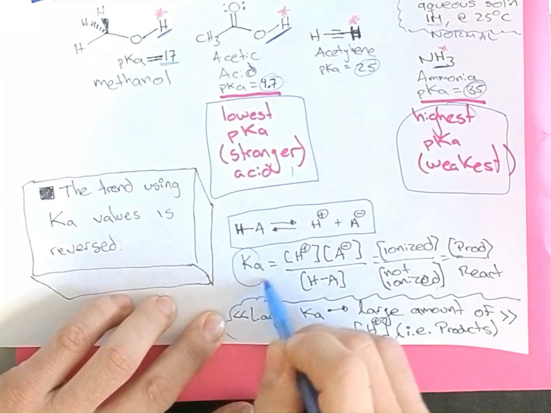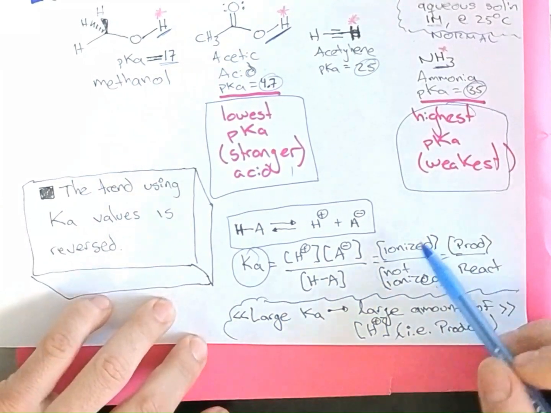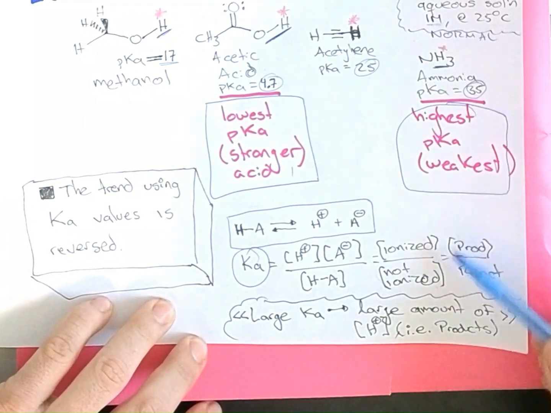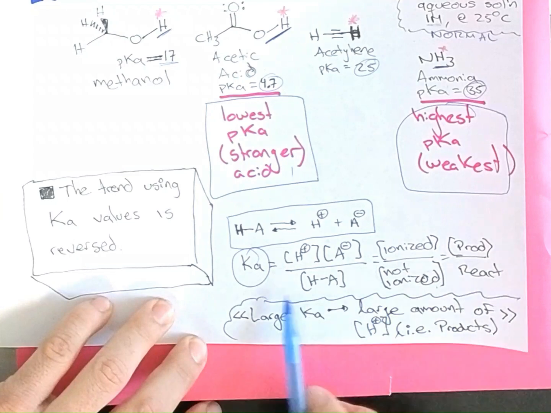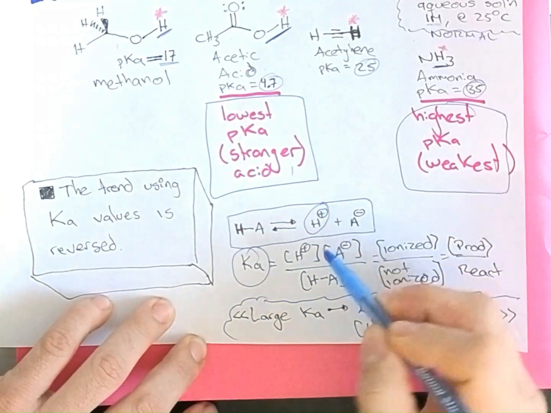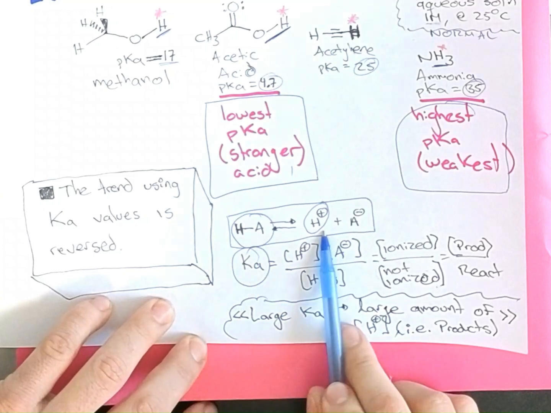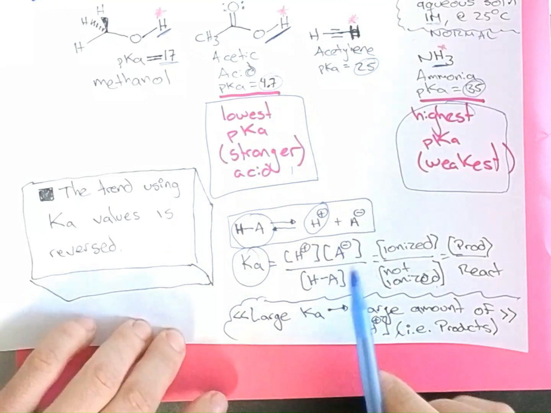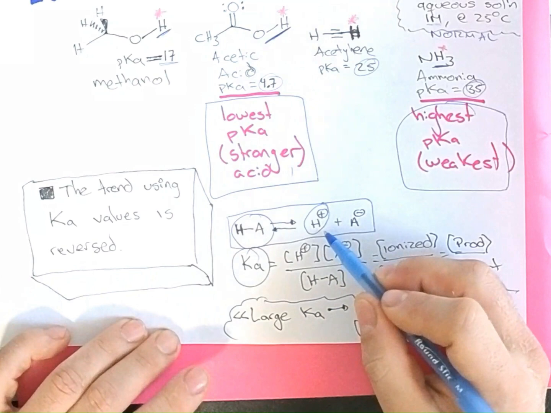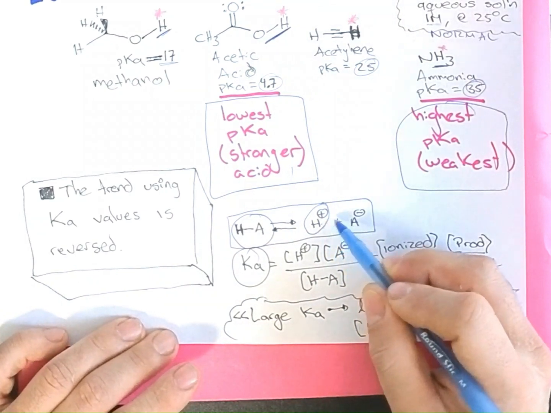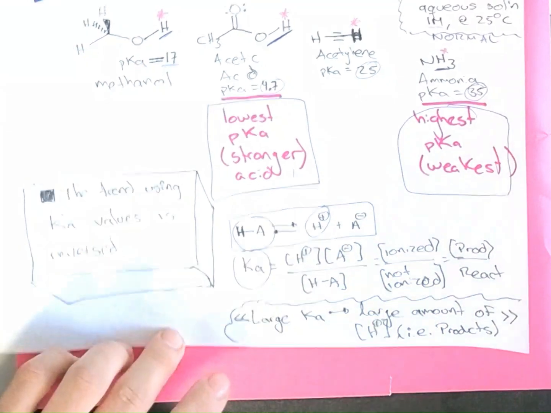Now, knowing this Ka, we can then estimate how much we will have ionized and how much we will have not ionized. And for that, we need to compare the acidity of the species involved. In this case, the original acid in question versus the conjugate acid that we're going to form. Again, in an acid-base reaction, this will be bound to the base, will it be H plus or the protonated base. Let's continue with some examples and exercises.